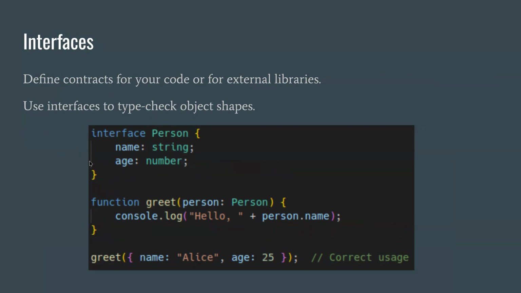So, for example, an interface for a person might specify that they must have a name and age, and this is how you will write it. An interface helps ensure that your objects conform to specific structures throughout your application.